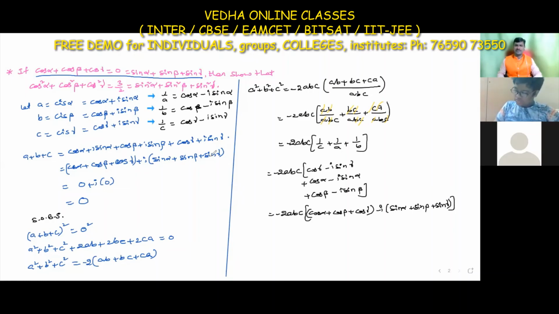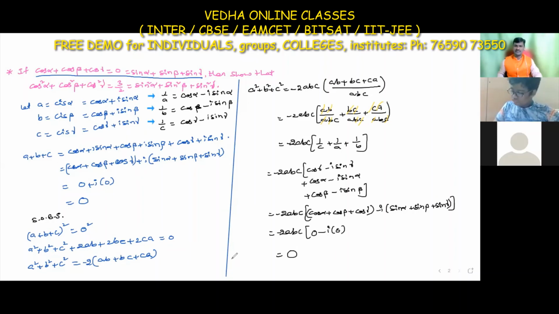Already we have these values equal to 0, so this is 0 minus i into 0, everything is 0.